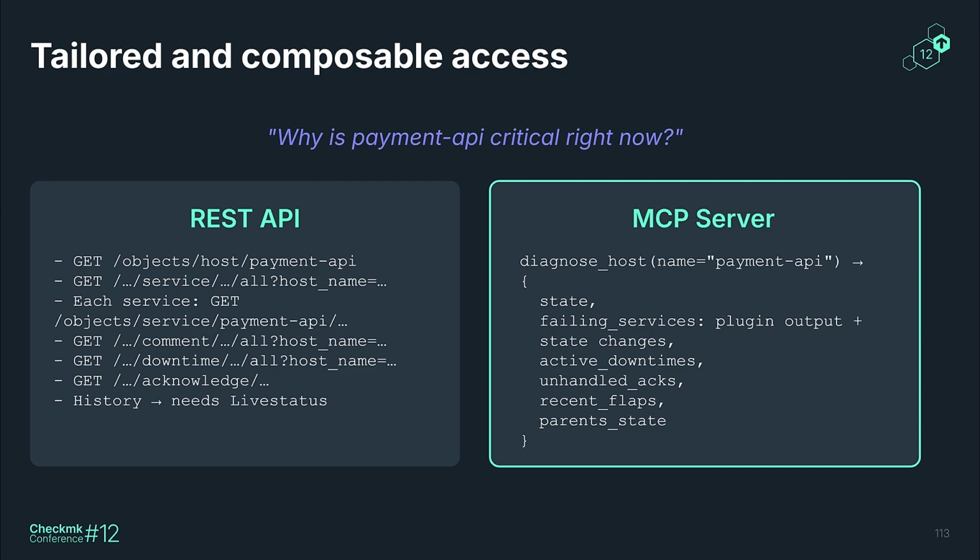With that, we have basically abstracted the calls on the REST API side under the umbrella of diagnose host. So you have the deterministic logic within the MCP, while you have the flexibility of the model, the agent on top of that, so that it can chain the MCP tools and come up with the results you expect more efficiently.